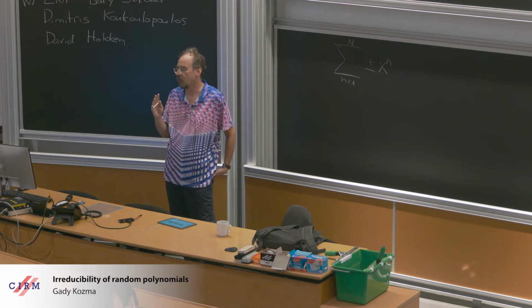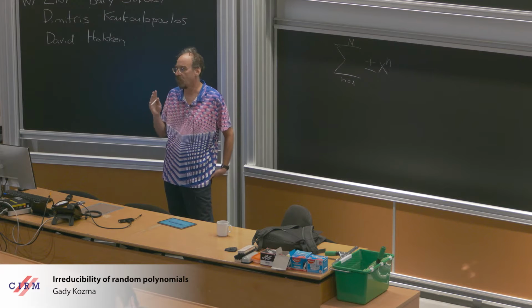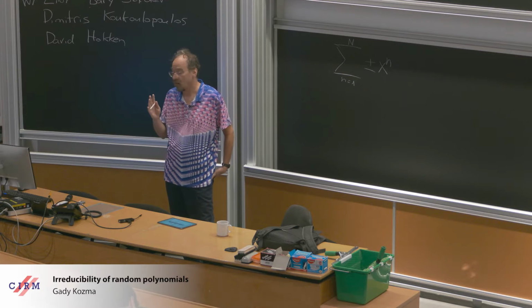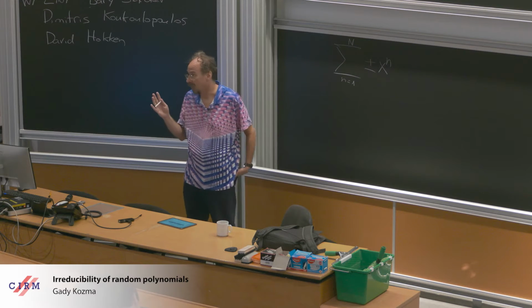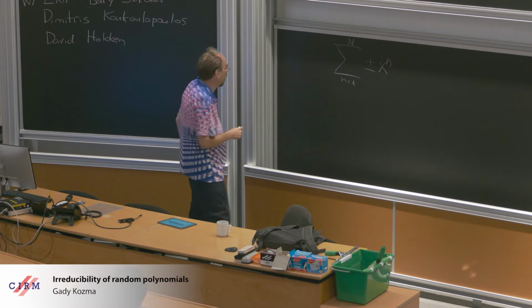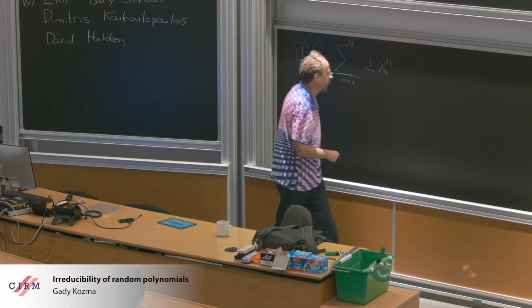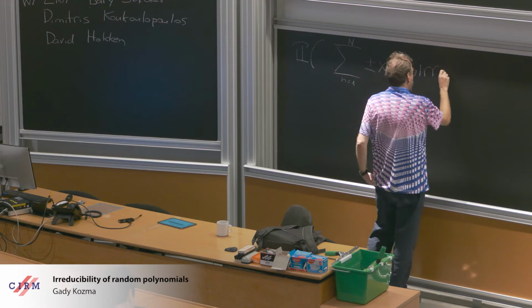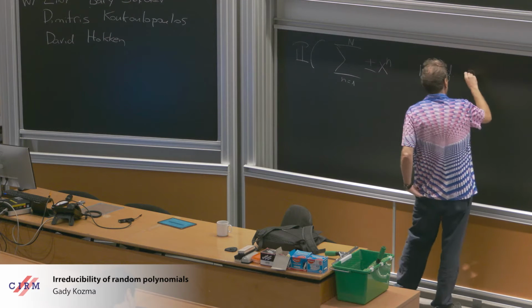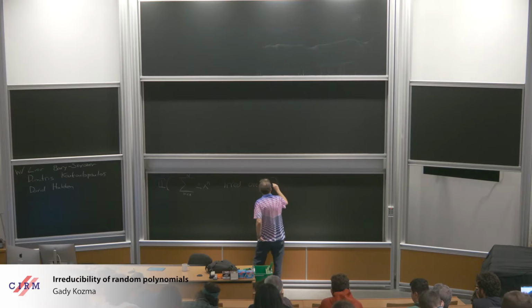You take each coefficient to be 1 or minus 1 with probability half, independent. What is the probability that this polynomial is irreducible over Q?